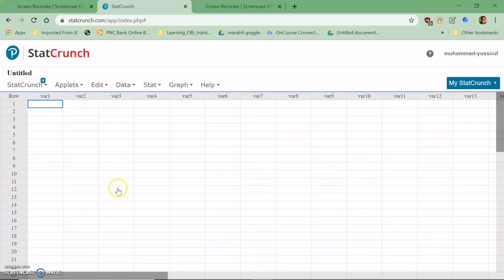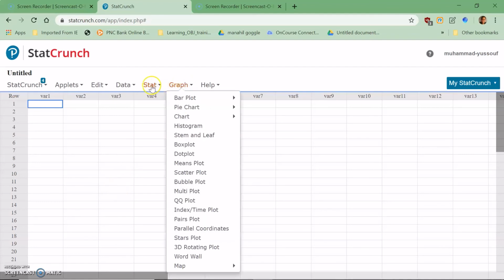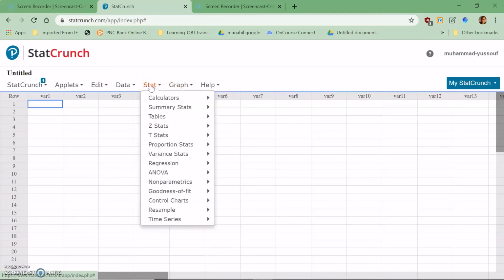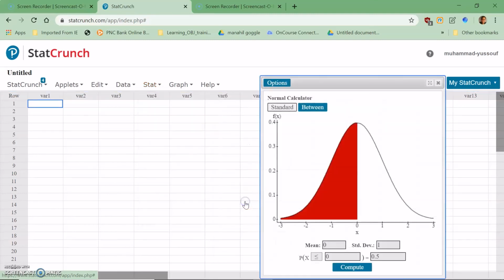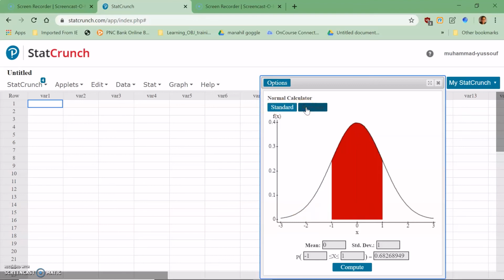So we are in StatCrunch, and to solve this, we go to Stats, then Calculators, and then Normal. There are two options here, normal calculator, standard or between. In this situation we are looking for the area between two z-scores, right?